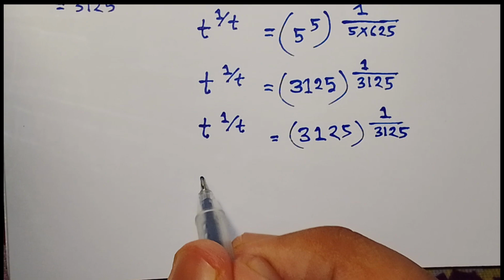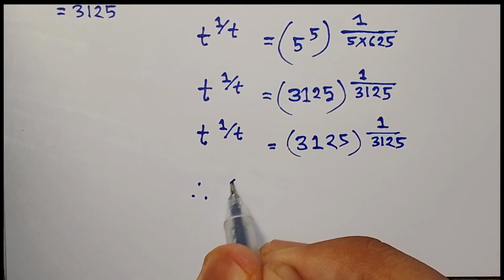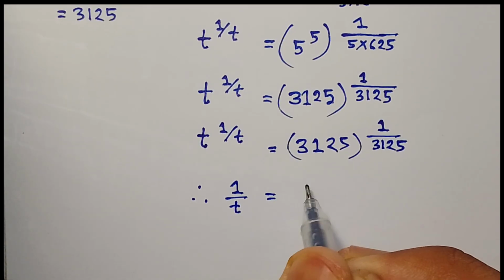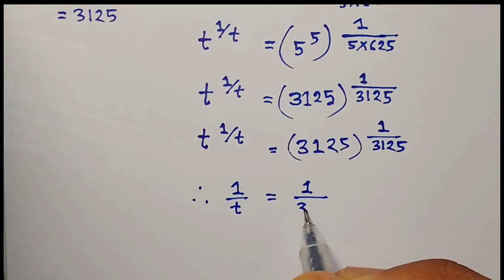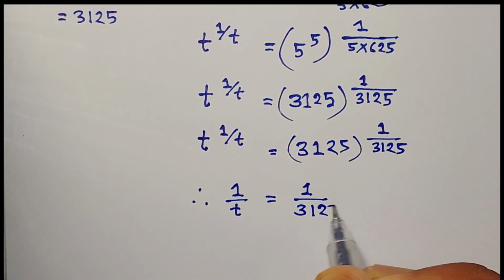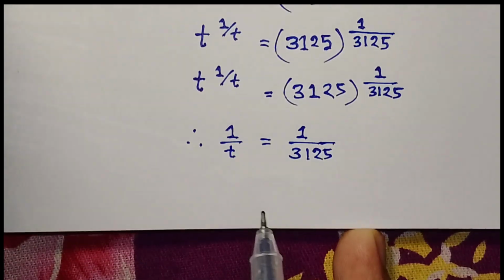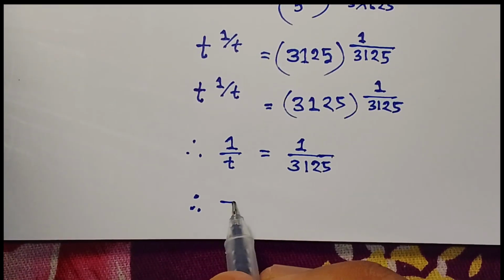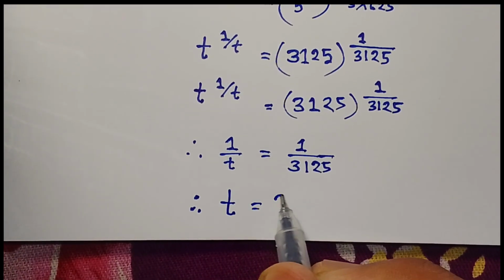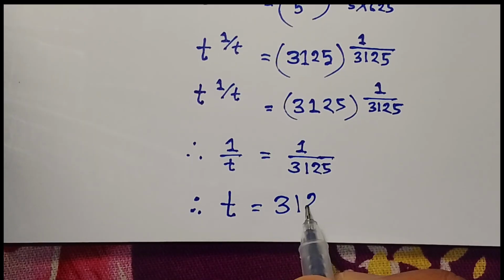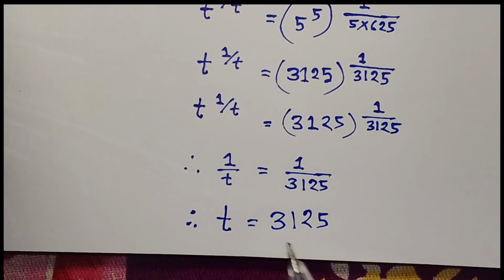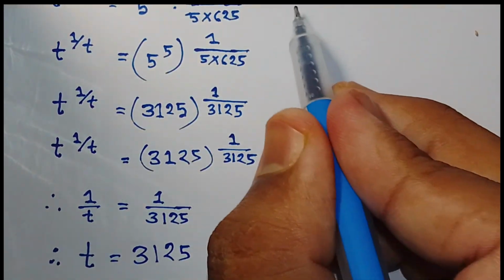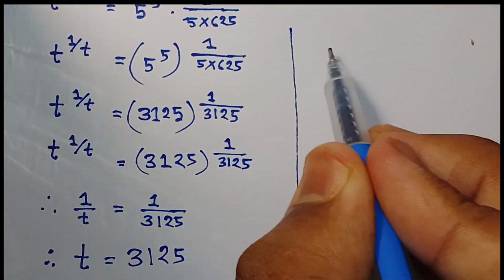Now we can write 1/t equals 1/3125. So we can write now t equals 3125.